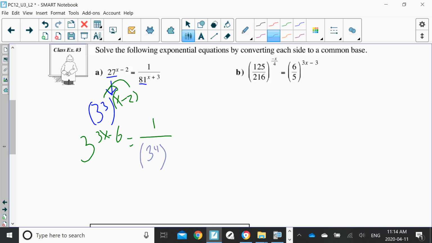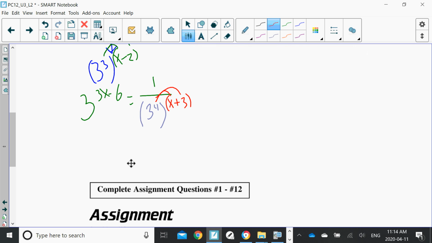And then outside of the bracket, I have the binomial plus 3. And because it's a binomial, I'm going to put that in the bracket, distribute that guy in. So from here, I have 3 to the 3x minus 6 is equal to 1 over 3 to 4x plus 12.